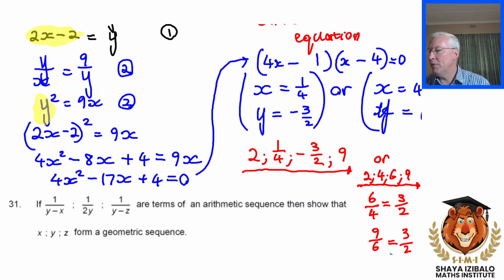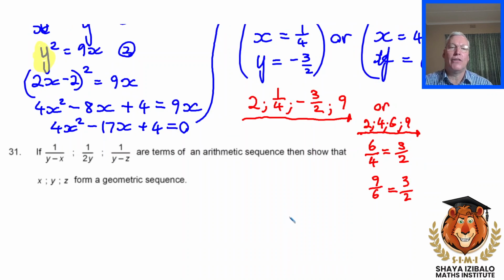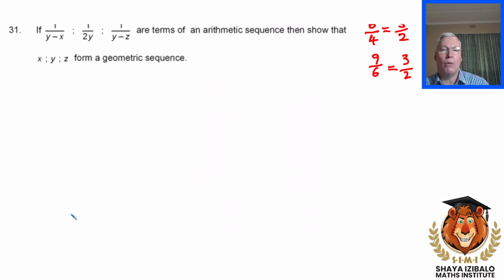Okay. The next one is really, really quite tricky, okay? This tells us that these are arithmetic, and we are asked to show that these are geometric. Now, if these are geometric, we need to show that y divided by x is the same as z divided by y.